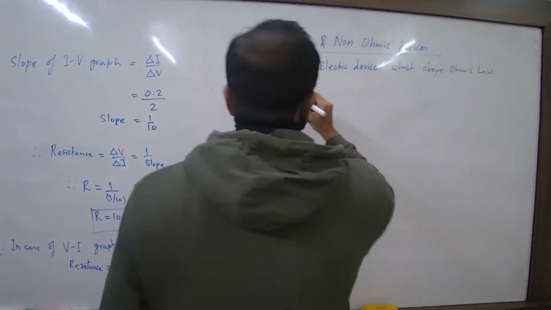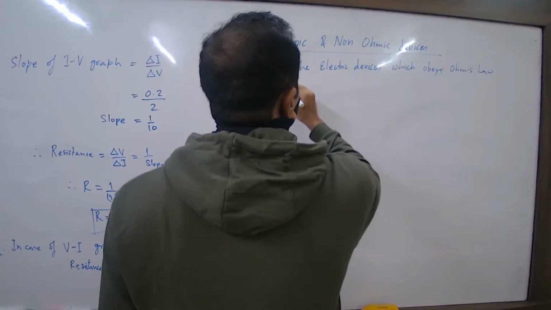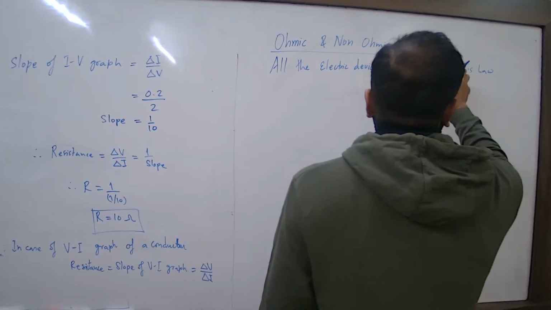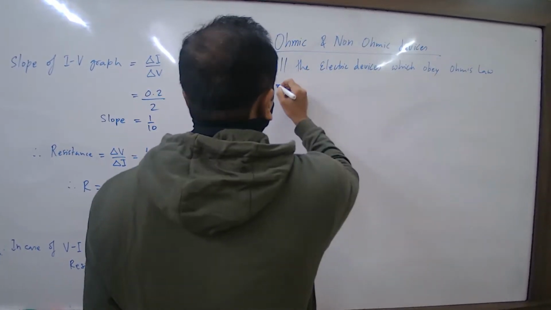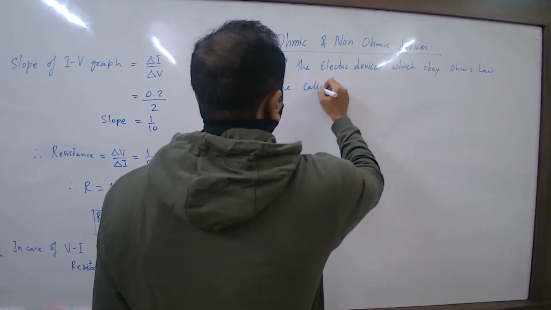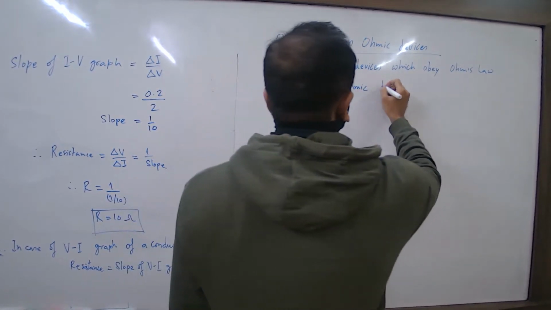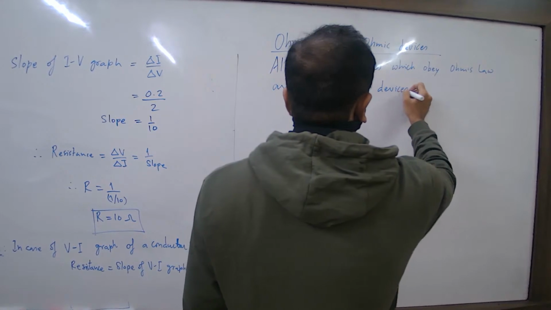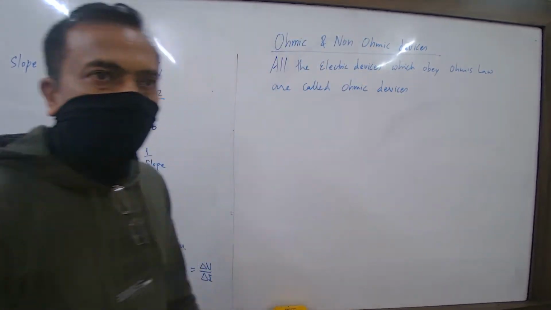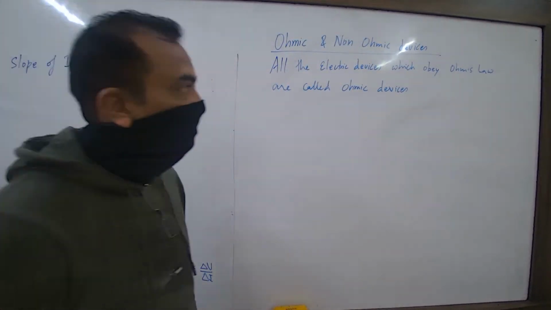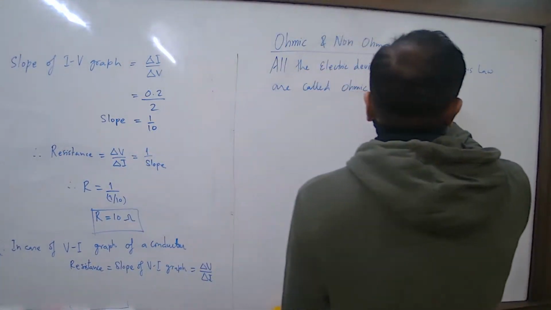Obeys Ohm's law, are called ohmic devices. That is, for these devices, the VI graph will be a straight line.